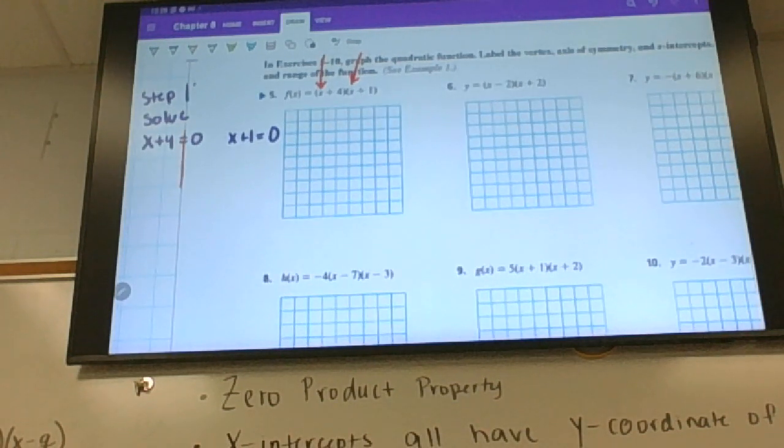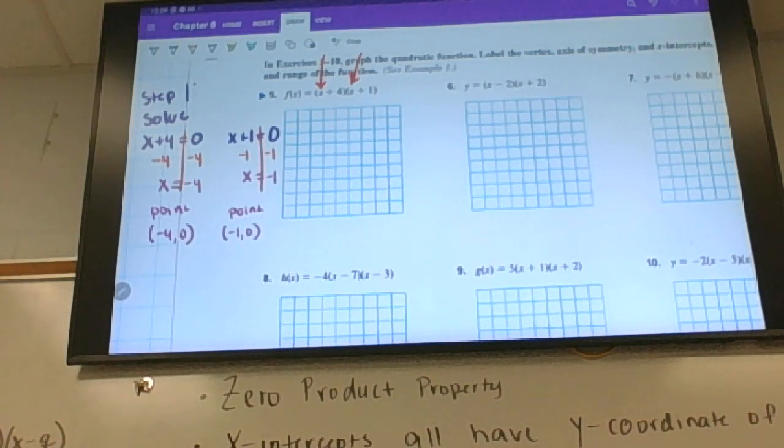I'm going to put my line here, subtract 4 from both sides, and I get x equals negative 4. And this is a point, (-4, 0). Put my line here, subtract 1, x equals negative 1, and that gives me my other point, (-1, 0).